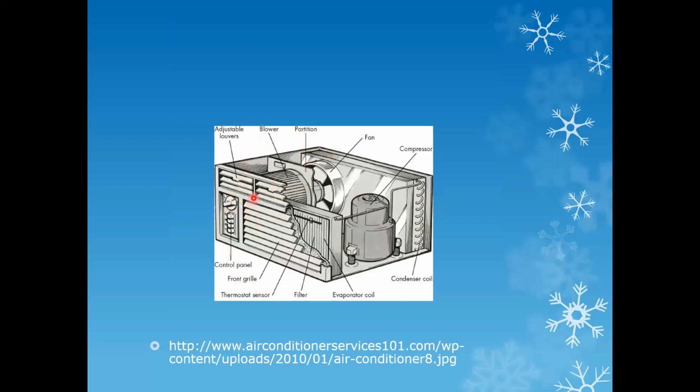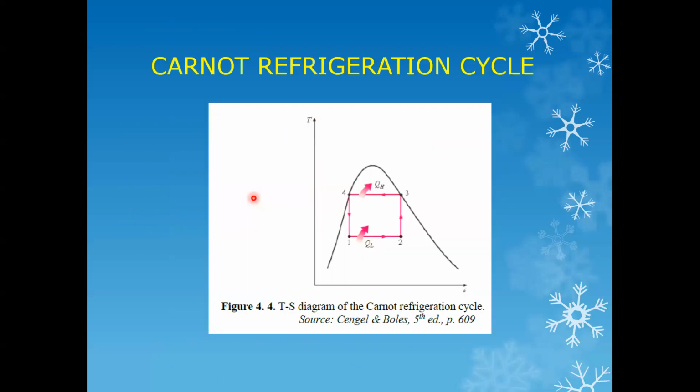Anyway, let's proceed. This is how the Carnot cycle looks on a TS diagram. It just looks like the Carnot engine cycle, right? But what do you notice? We're moving in the counterclockwise direction.